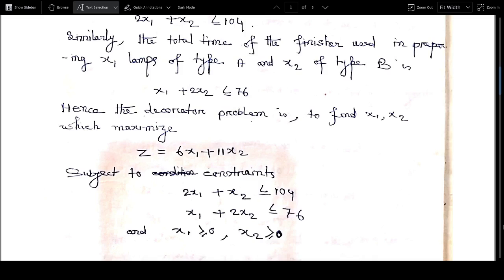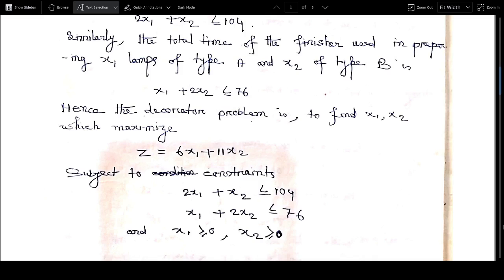So maximize z equal to 6x1 plus 11x2 subject to the constraints we already calculated, for cutter and finisher. The cutter one will be twice x1 plus x2 less than or equal to 104, and the finisher will be x1 plus twice x2 less than or equal to 76, where x1 is the number of lamps of type A and x2 the number of lamps of type B. So these cannot be negative: x1 greater than or equal to 0, x2 greater than or equal to 0.